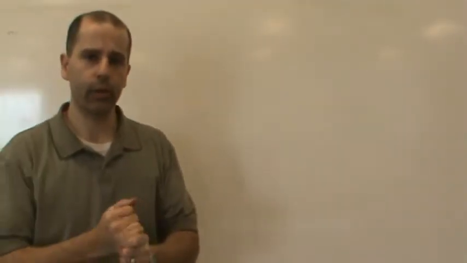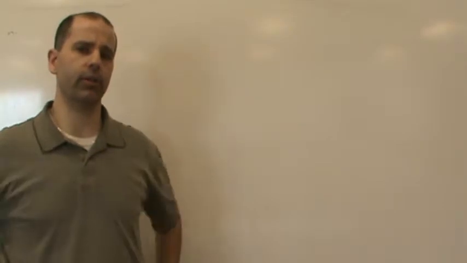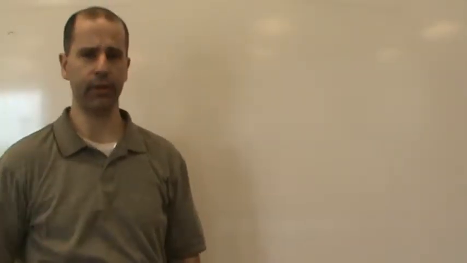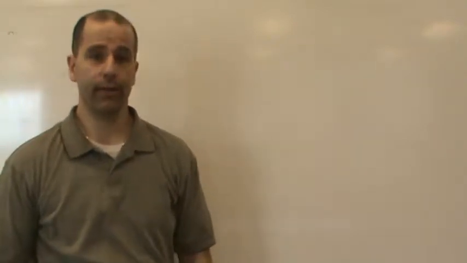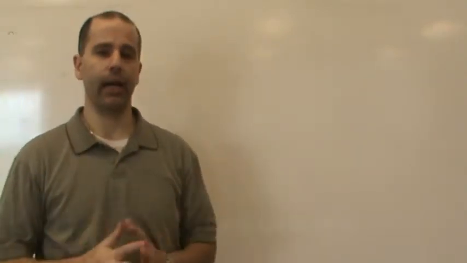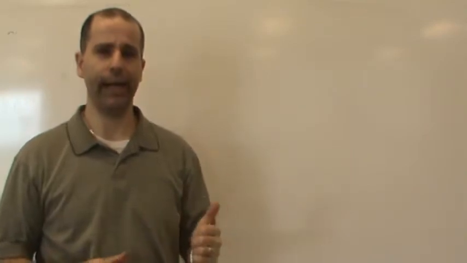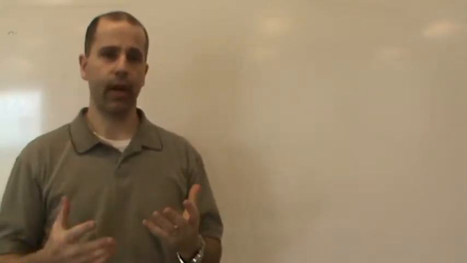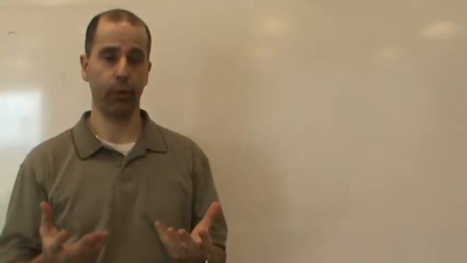Okay, so welcome back. Before we start Chapter 9 on hypothesis testing, I wanted to discuss the big idea behind hypothesis testing, because in Chapter 8 we discussed how we could use confidence intervals to estimate a population parameter.